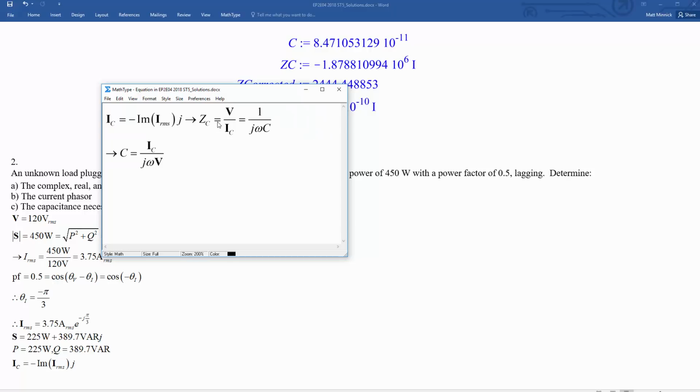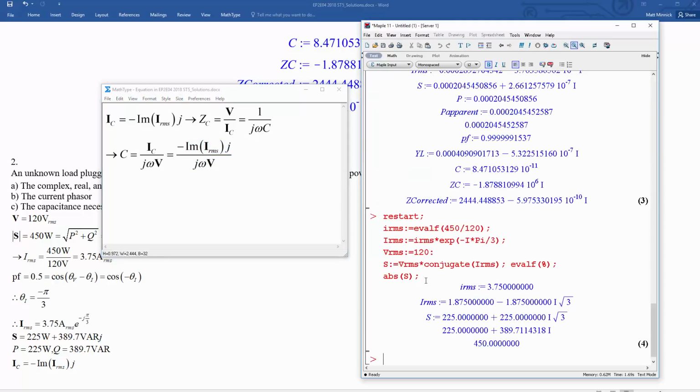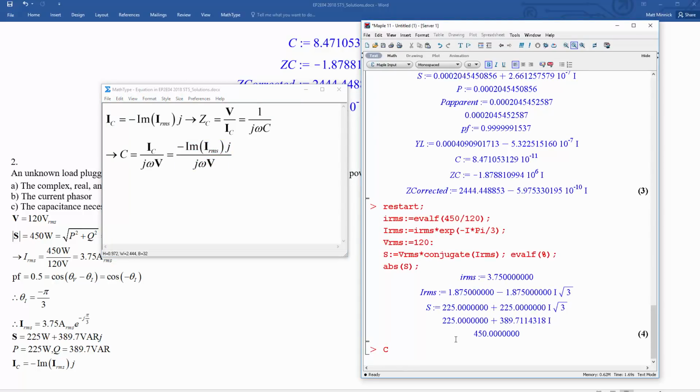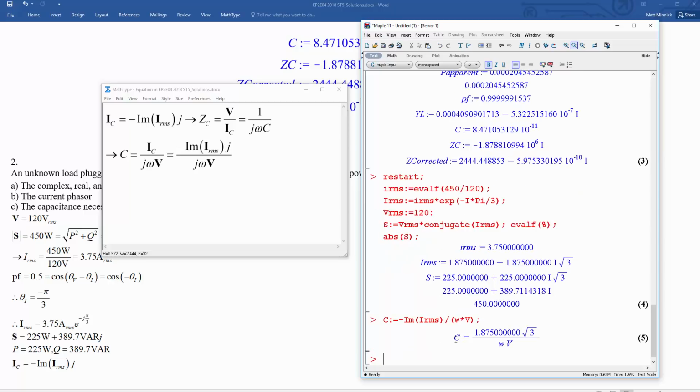And so we're going to have negative the imaginary part of I RMS times J. Those J's are going to cancel, and this means the capacitance should be negative the imaginary part of the RMS current phasor that we've got going through the load divided by omega times V. All right, let's work all of that out. So that tells us C is equal to negative the imaginary part of I RMS over omega times V.